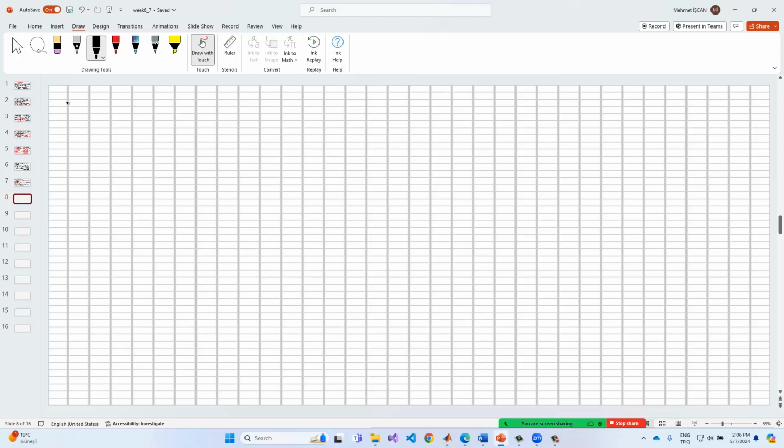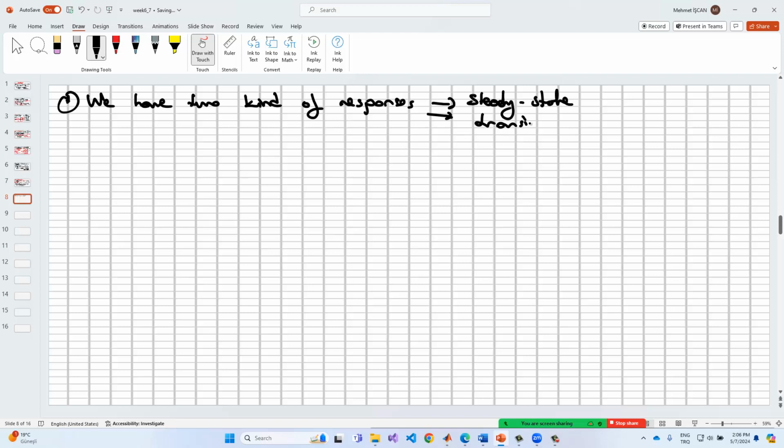In another term, we have two kinds of responses in control system. First, steady state. The other thing is a transient, right? We will deal with these two concepts all the time. How can I show that?